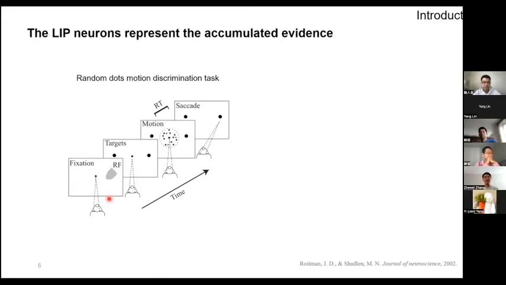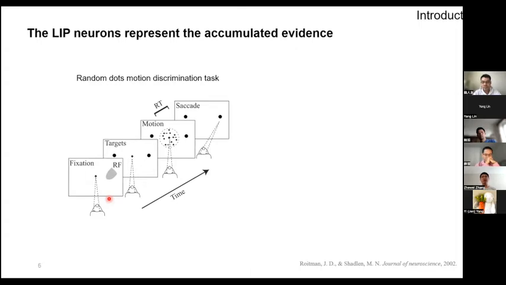After that, a random dots motion movie is displayed. Some dots move coherently towards one direction, left or right, and the other dots just move randomly. The monkeys are required to report the net direction of this random dots motion.